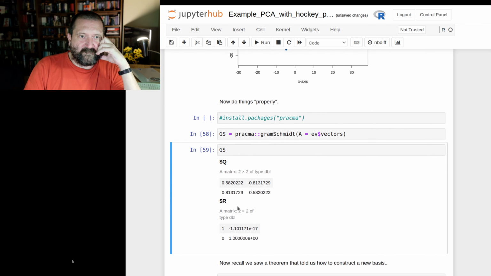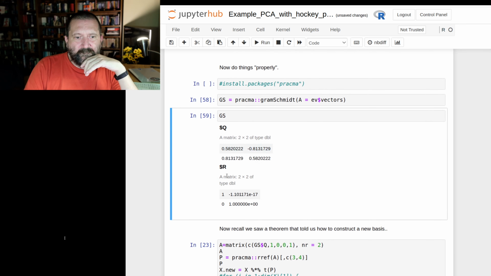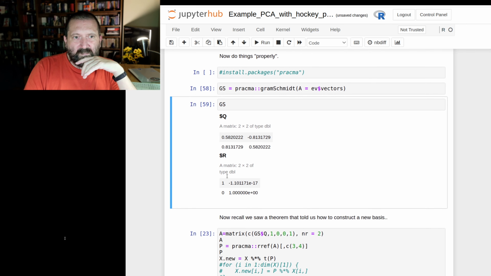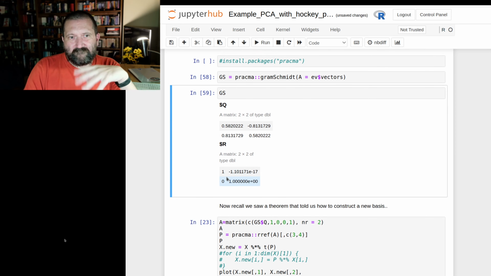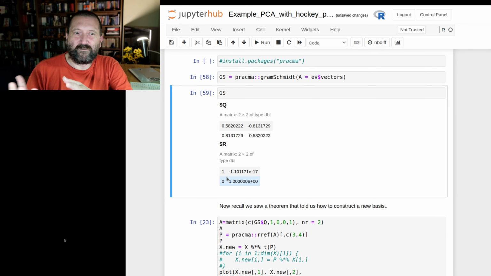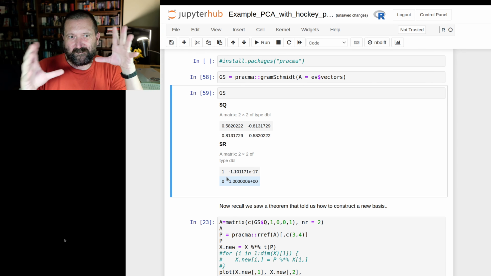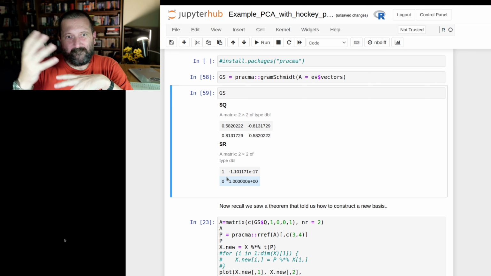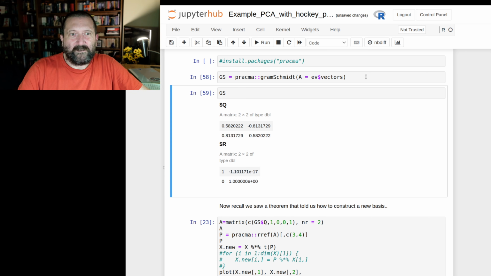You can see when I'm doing Gram-Schmidt, I get a matrix Q and a matrix R that are essentially the result of using Gram-Schmidt on this, and where the matrix Q is, in the QR decomposition, the orthogonal matrix.